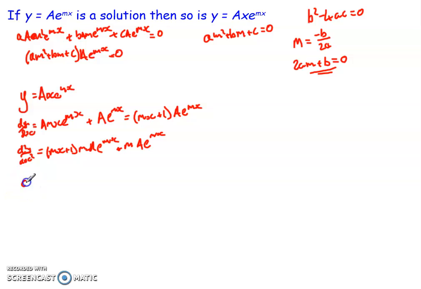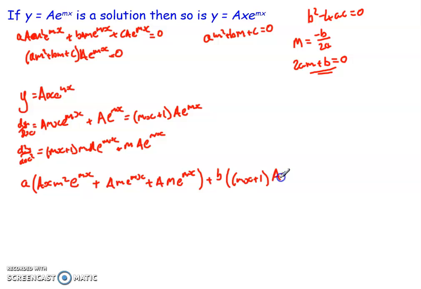What I'd end up getting is a times (a x m squared e to the mx plus am e to the mx, then plus another am e to the mx), then plus my b times the first derivative, so plus b times (mx plus 1) ae to the mx, then plus my c times the original equation, plus c times ax e to the mx, and I know that equals 0.